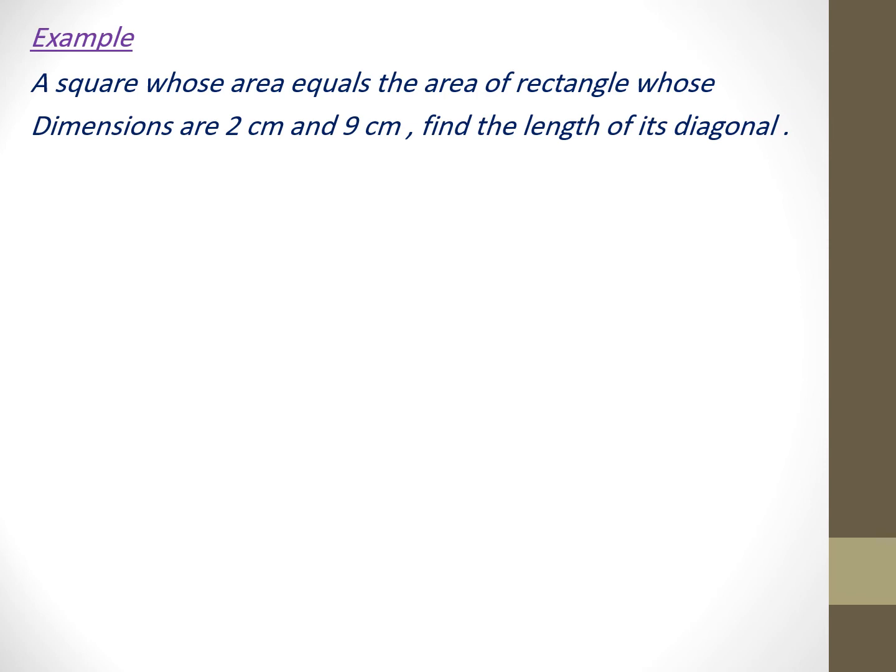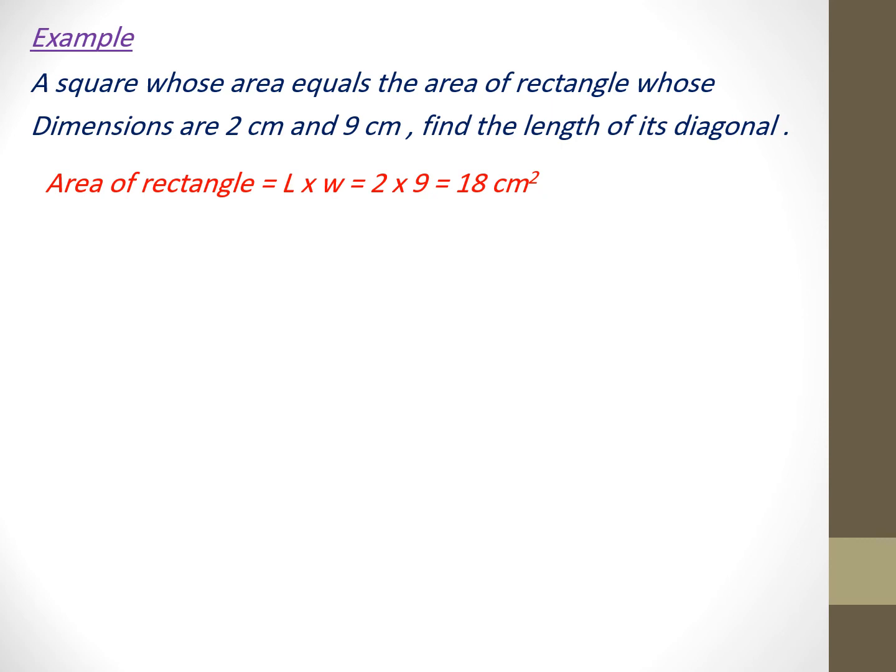Find the length of its diagonal. To find its diagonal, you must find the area of the square, and the area of the square equals the area of the rectangle. So let's find the area of the rectangle. The area of the rectangle equals length times width equals 2 times 9 equals 18 square centimeters.